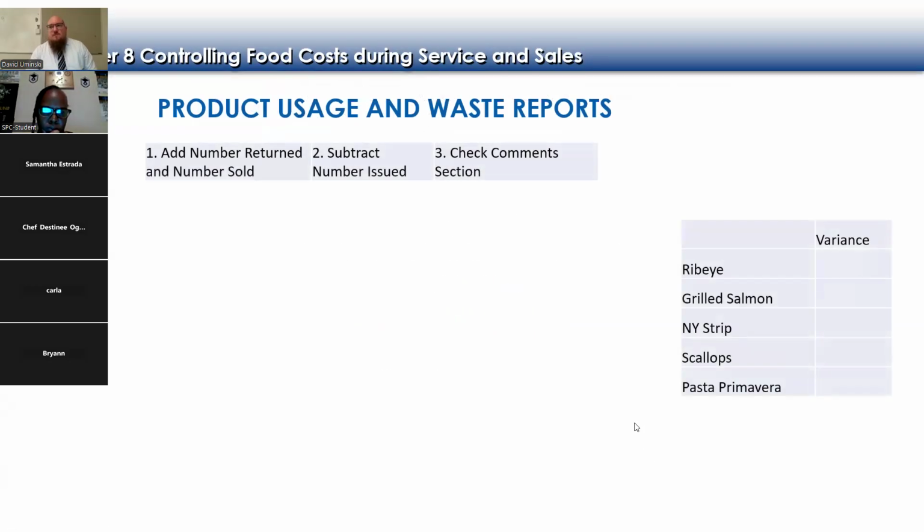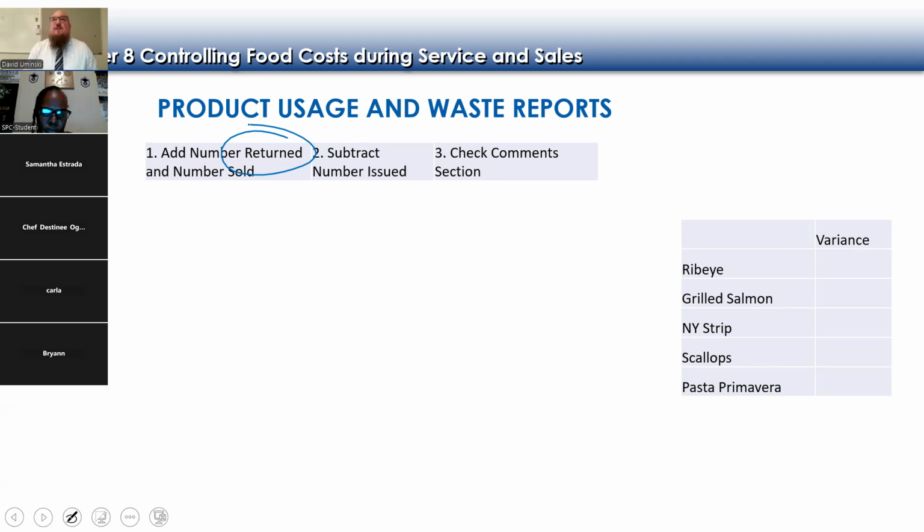So we want to track how many items we have sold. Okay. We want to track how many items we've returned back into inventory. So when you see this word returned right here, number returned, that's not like a guest was unhappy and they returned the food.